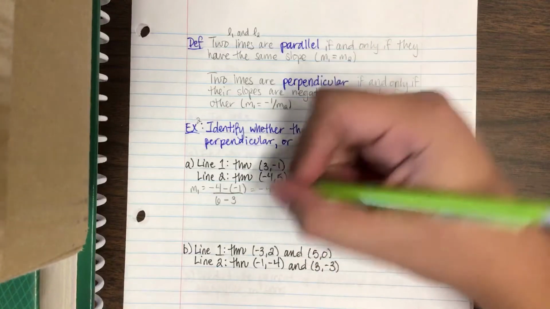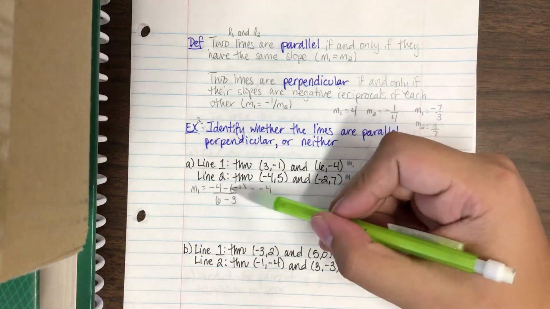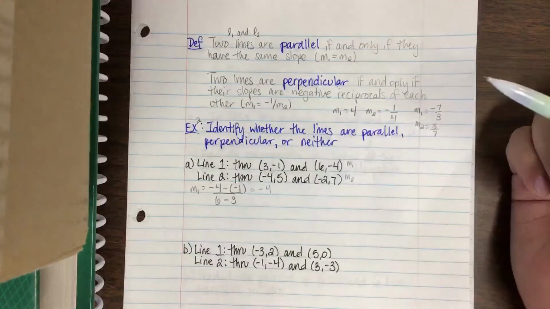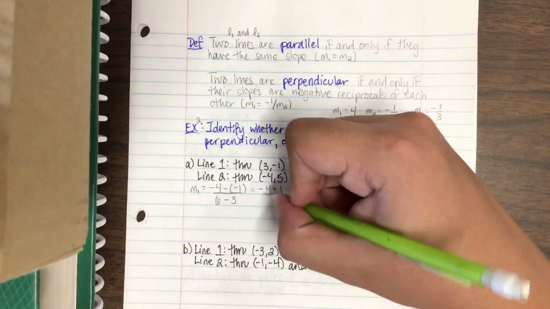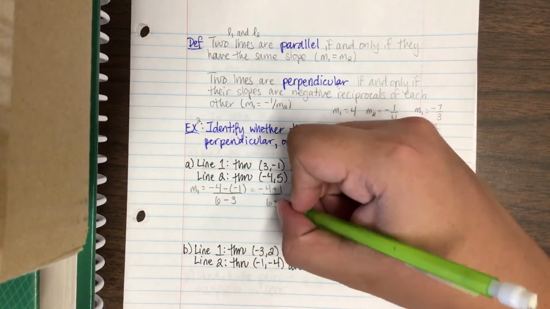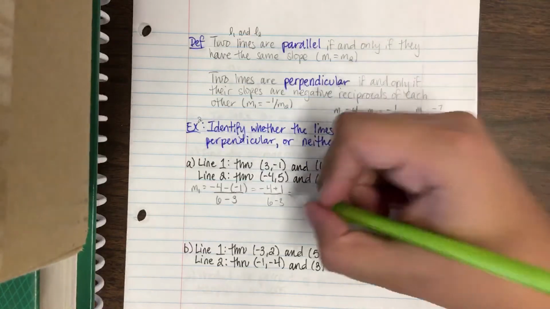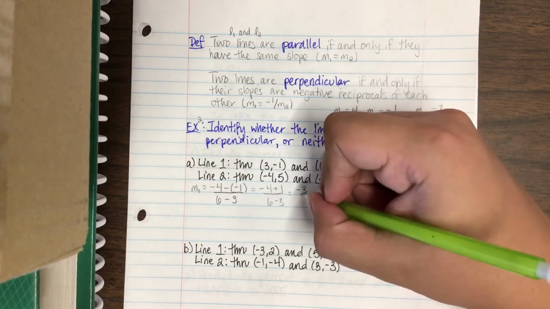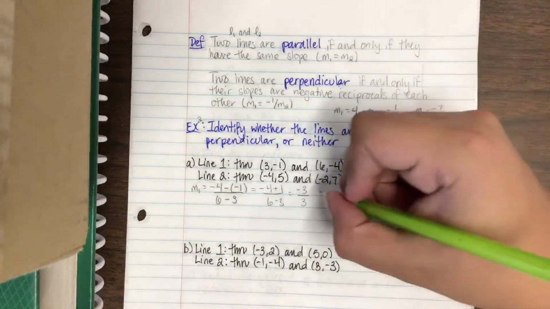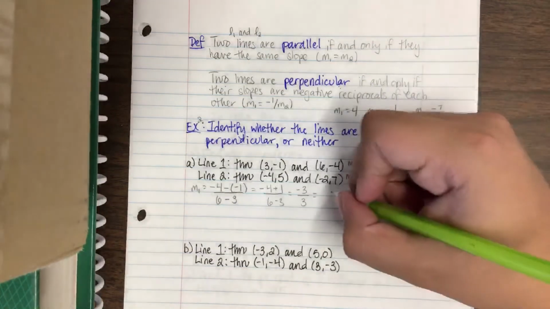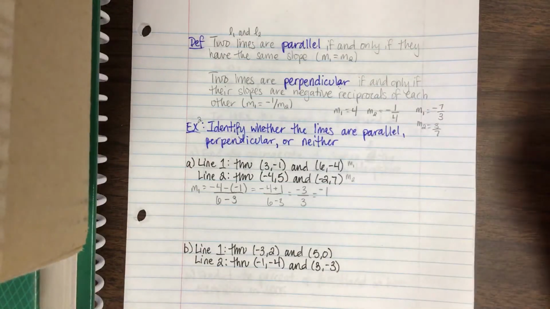Negative 4, when I subtract the negative, I'm technically giving that number back. If I take away negative 1, I'm giving you 1. Divided by 6 minus 3. Okay, what does that give us? Negative 4 plus 1, that's going to be negative 3. 6 minus 3, that's positive 3. 3 divided by 3 is 1, but then negative. So we have negative 1.